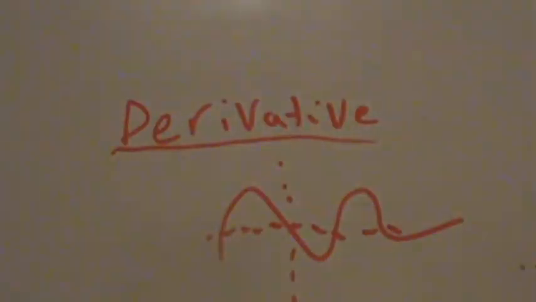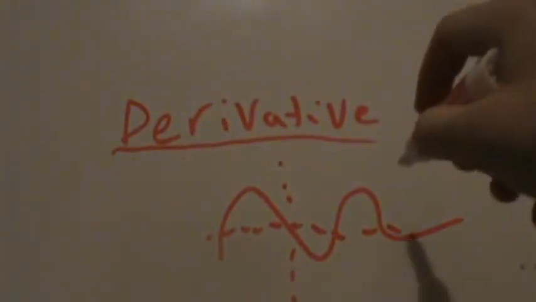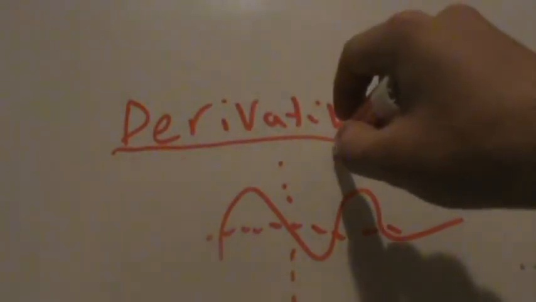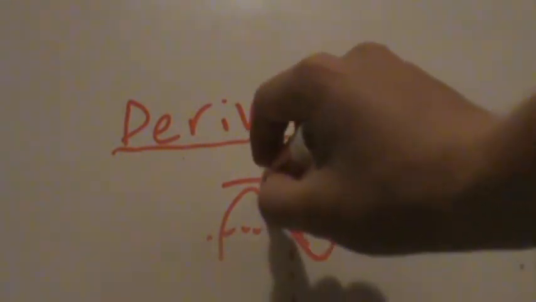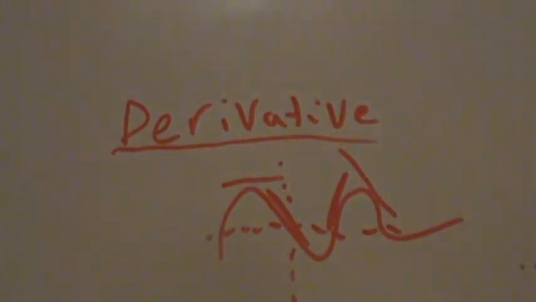Basically, the derivative represents, anywhere on this curve, the slope of a line tangent to the curve, like here, or here, or here. I could represent the slope of that tangent line by the instantaneous rate of change at that point.